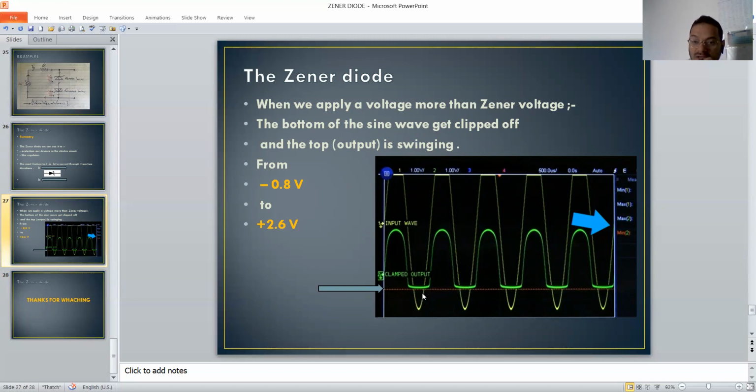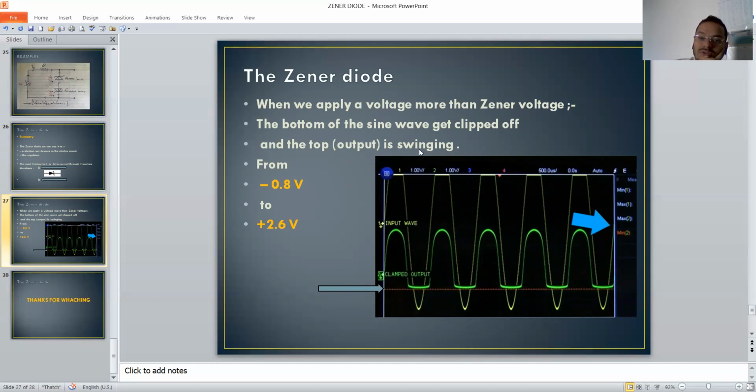Different from the bottom, which is clamped out, and all the results will be near 0 at the positive x-axis.